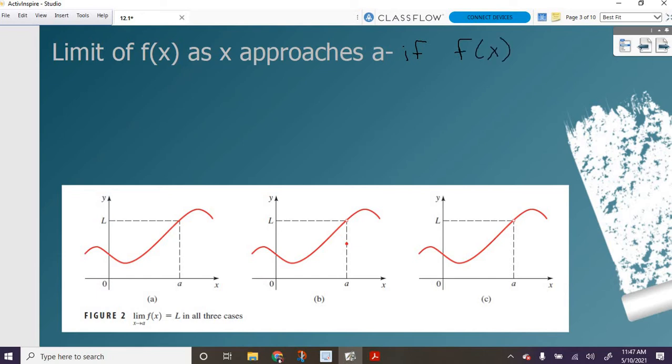f of x becomes arbitrarily close. Let me make sure I spelled that right.